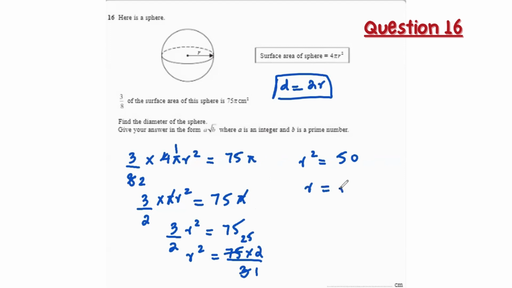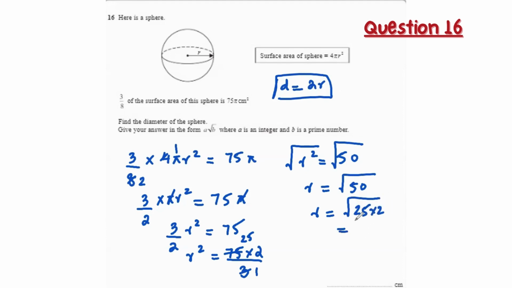Now r will be the square root of 50, because to find the value of r and to get rid of the square on r, we have to square root it. And if we square root one side, we have to square root the other side as well. So that's going to give us the square root of 50, which is basically 25 times 2 inside the root.